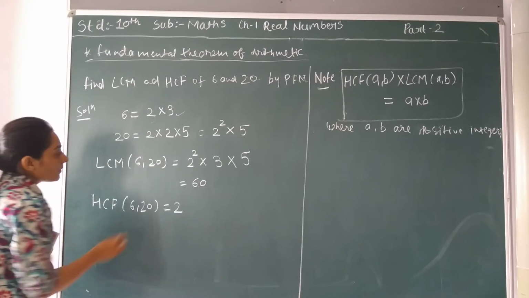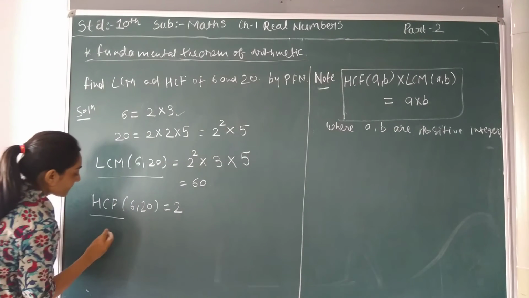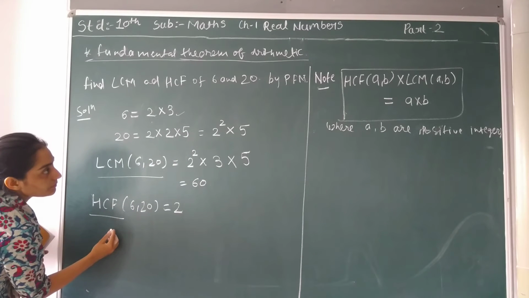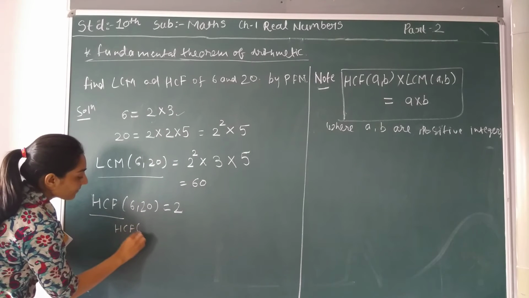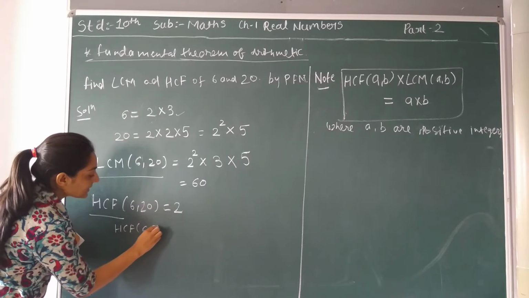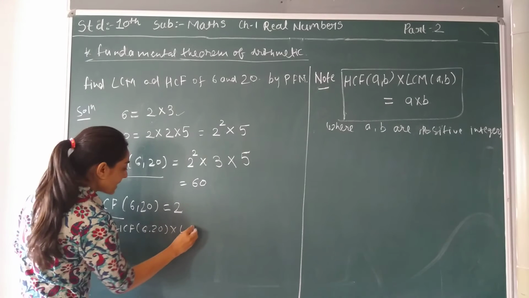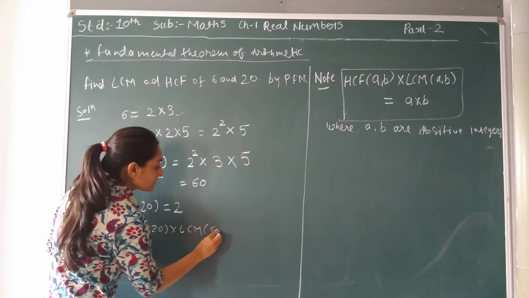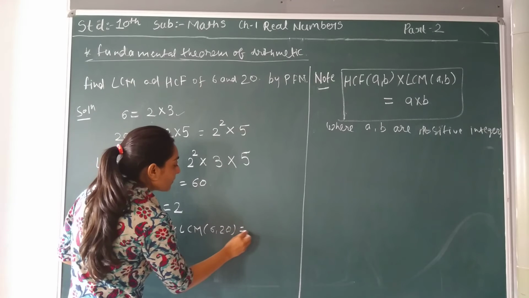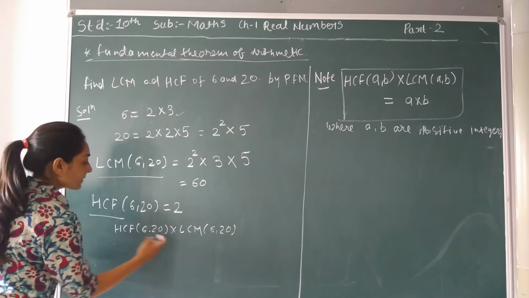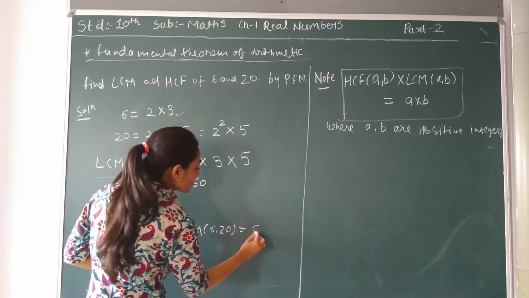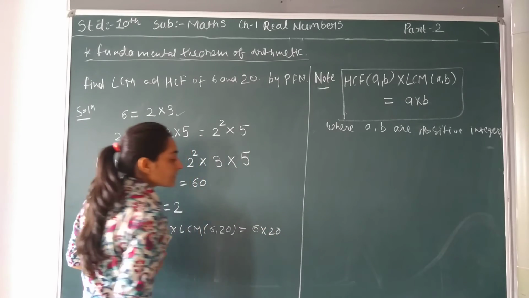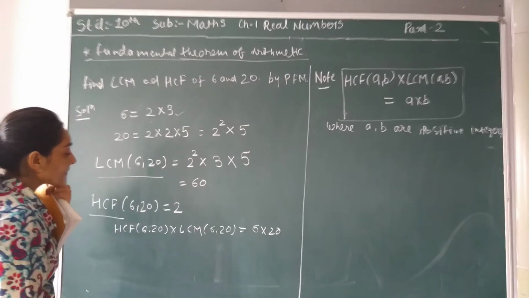Now you can observe over here. Now I'm using this one: the HCF of 6 and 20 multiplied with the LCM of 6 and 20. So the answer should be this only.